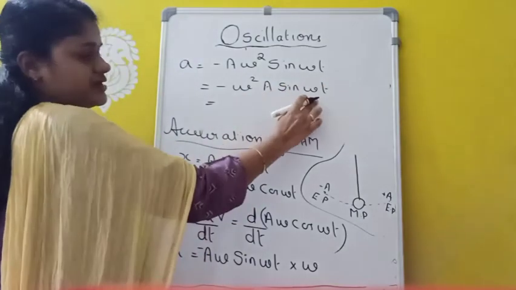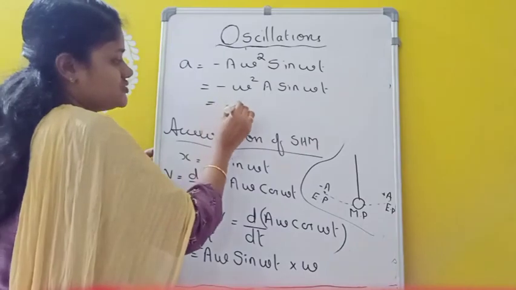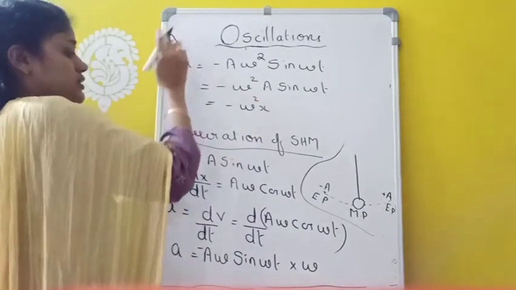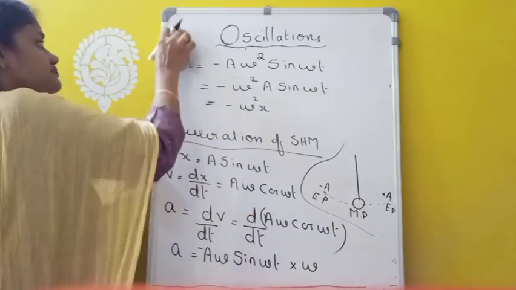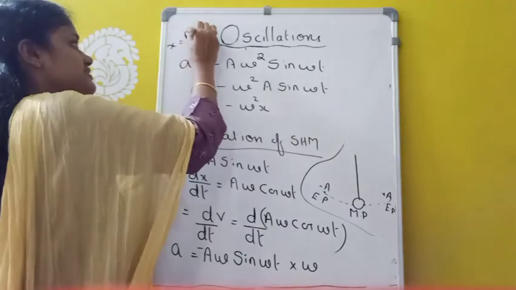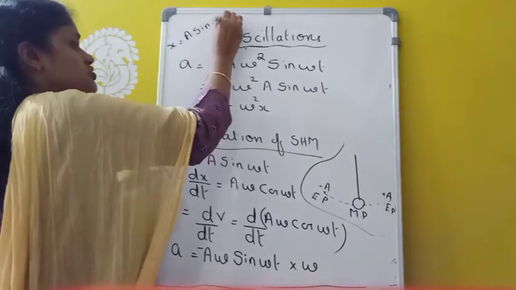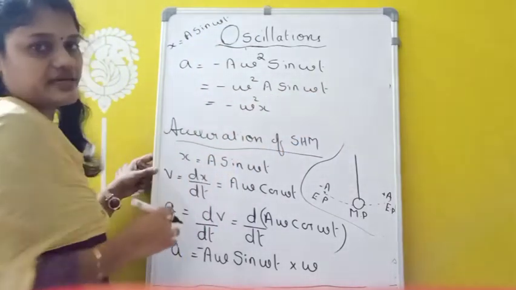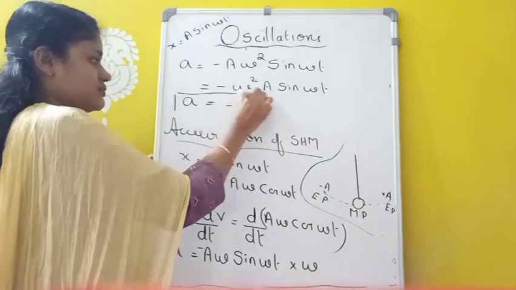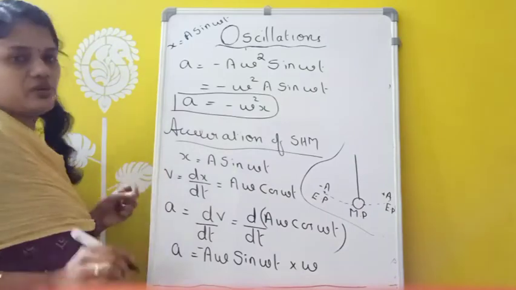So what is a sin omega t? Displacement x. So we have written x equals a sin omega t, that is the displacement. So instead of a sin omega t, what can we write now? x. So this acceleration can be written as a equals minus omega square into x.